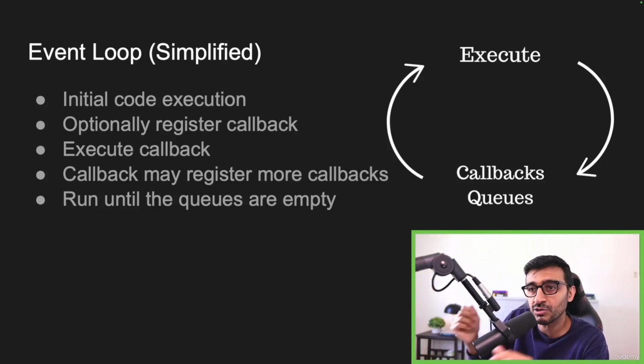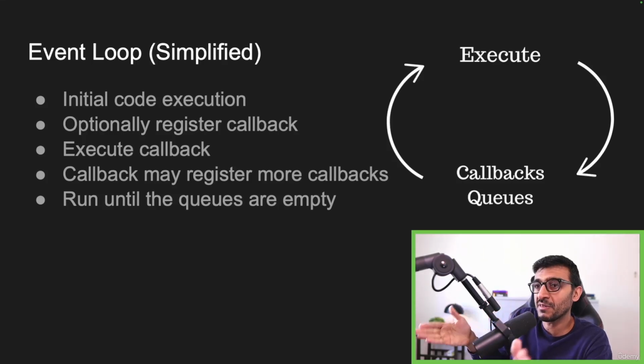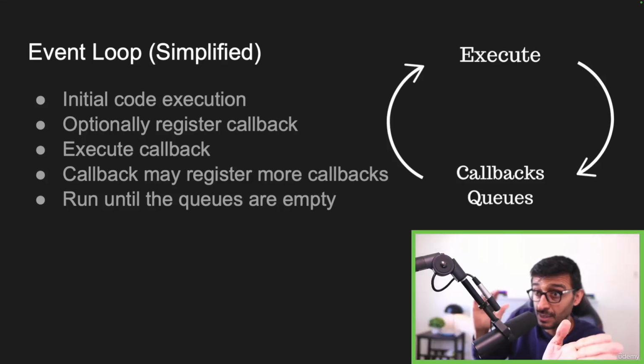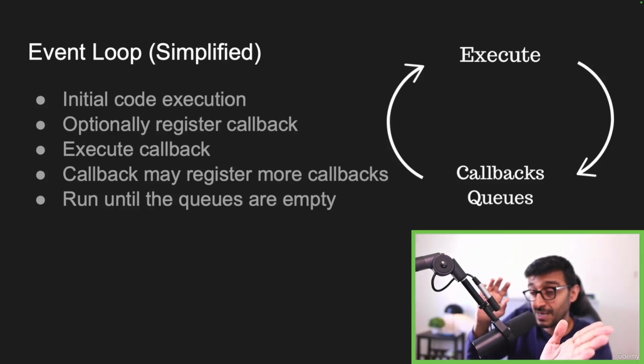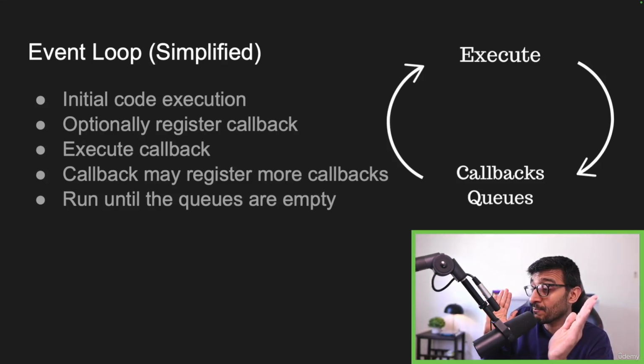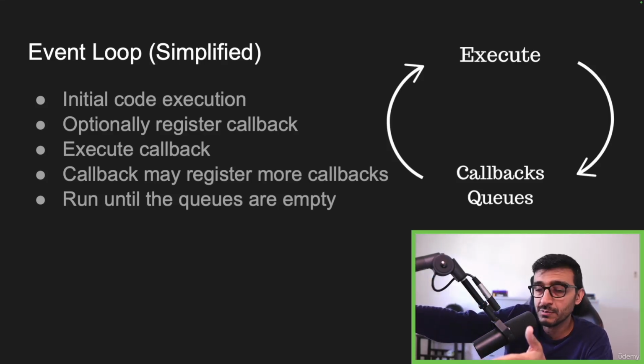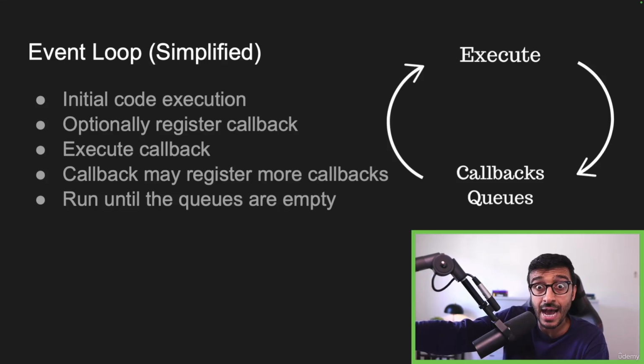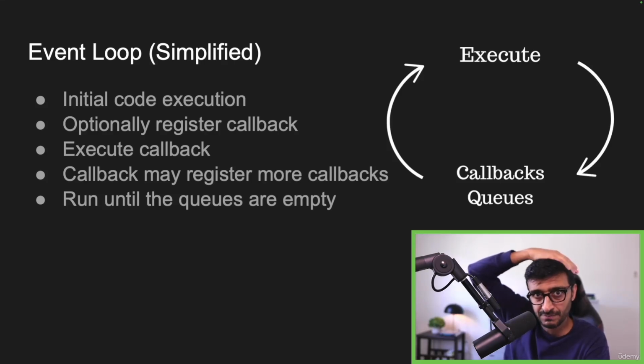I'm using the word register here. Registering a callback is different than executing the callback, right? So watch out for that. If I say setTimeout and call this callback, I'm registering the callback right now, but the callback will not be executed until 5 seconds later. Make sense?